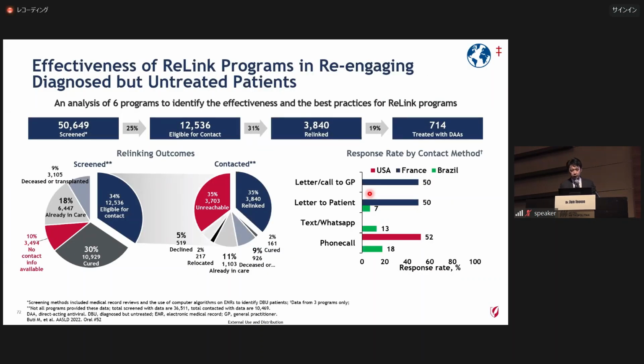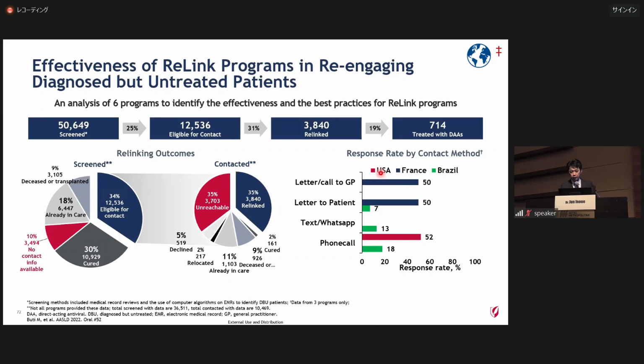So in this paper, the ReLink program was reported for re-engaging diagnosed but untreated patients. 50,000 patients were screened and 12,000 patients were eligible, and 300 patients were relinked, and after that 700 patients were treated with DAAs.